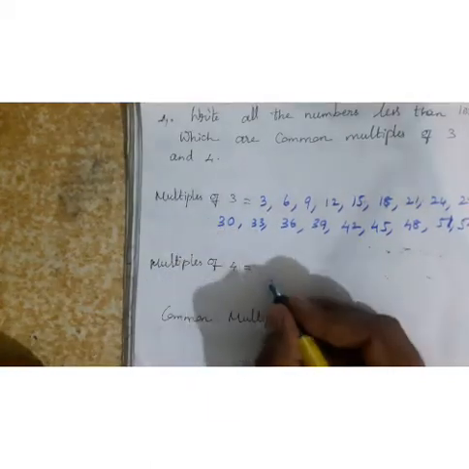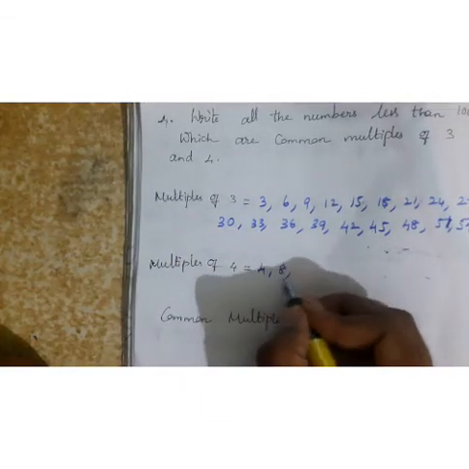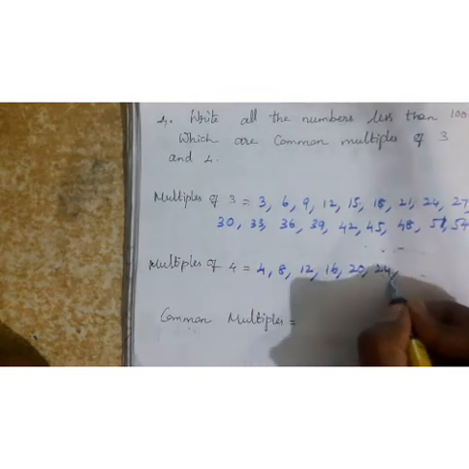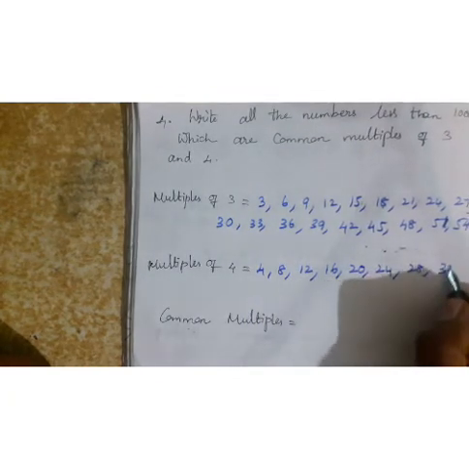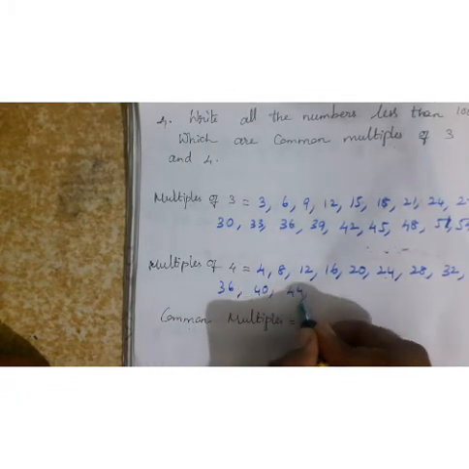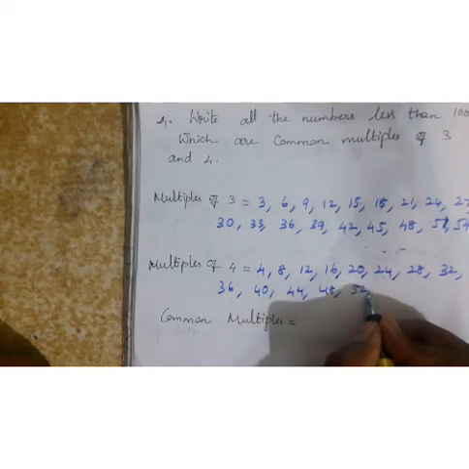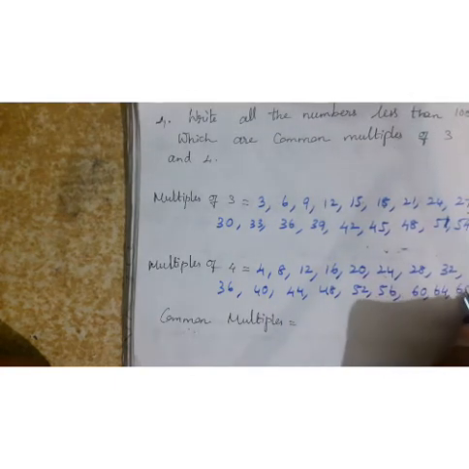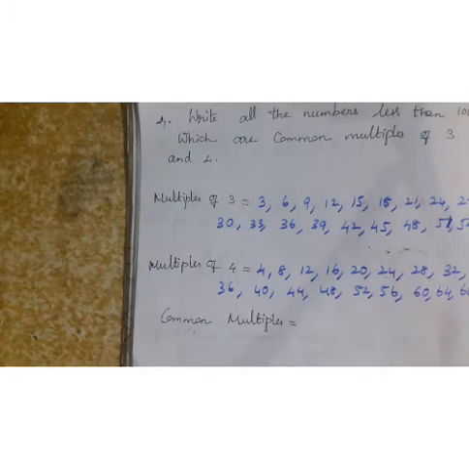Multiples of 4 equal to 4, 8, 12, 16, 20, 24, 28, 32, 36, 40, 44, 48, 52, 56, 60, 64 and 68 and so on.